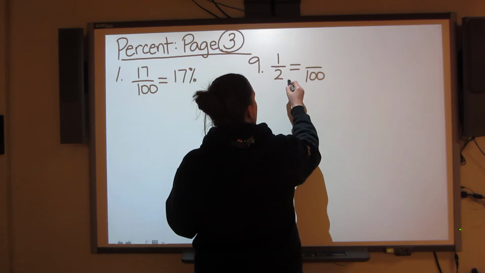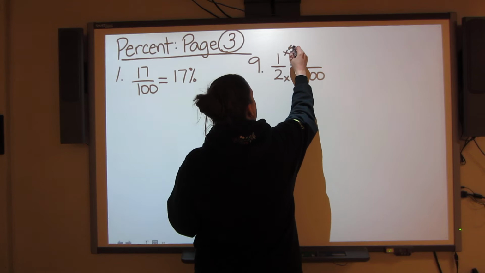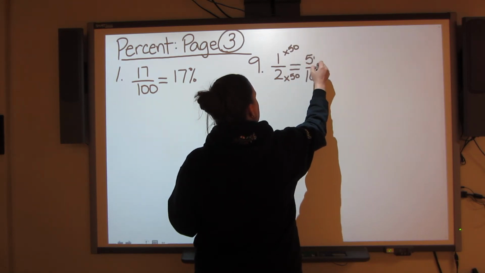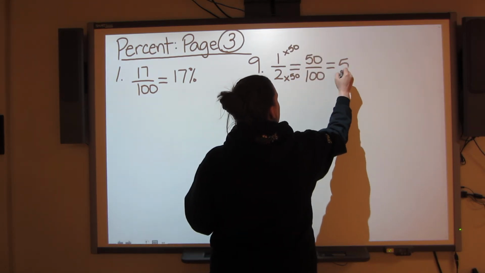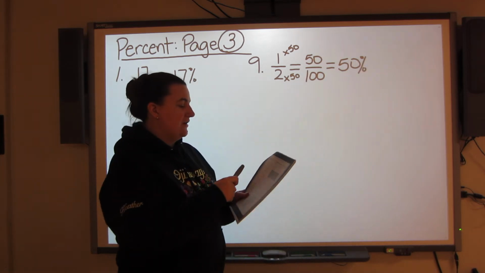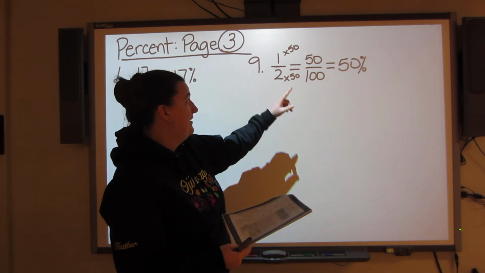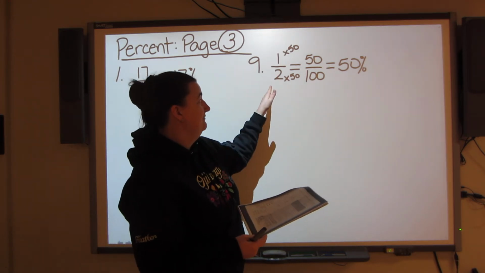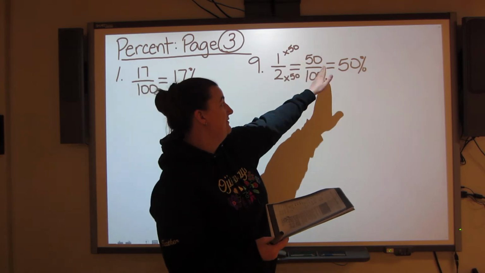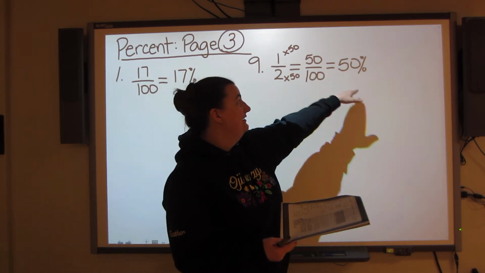We've got 2 times 50 is 100, so 1 times 50 is 50, which gives you 50%. So number 9, 10, 11, and 12 is where you've got a fraction, you need to change it into a fraction that has 100 as the denominator, and then write the percent.